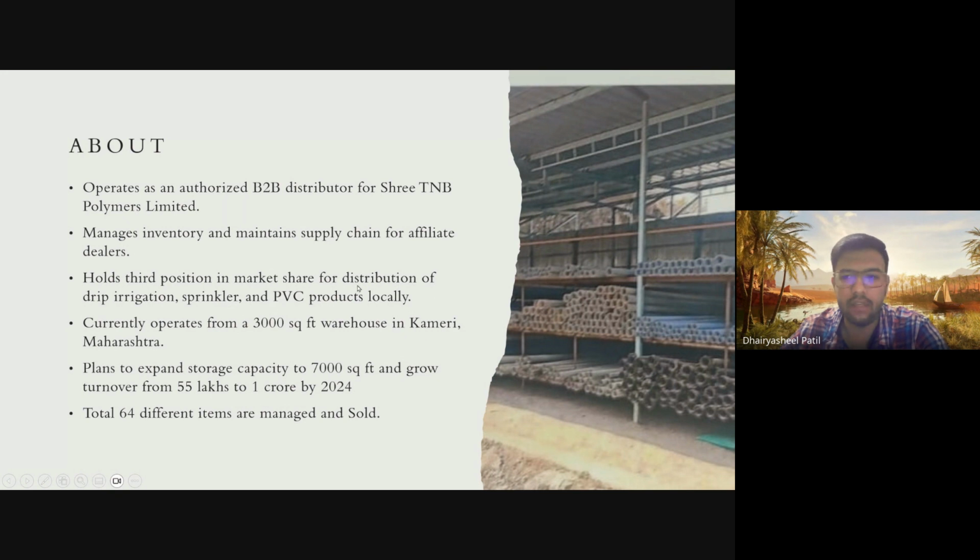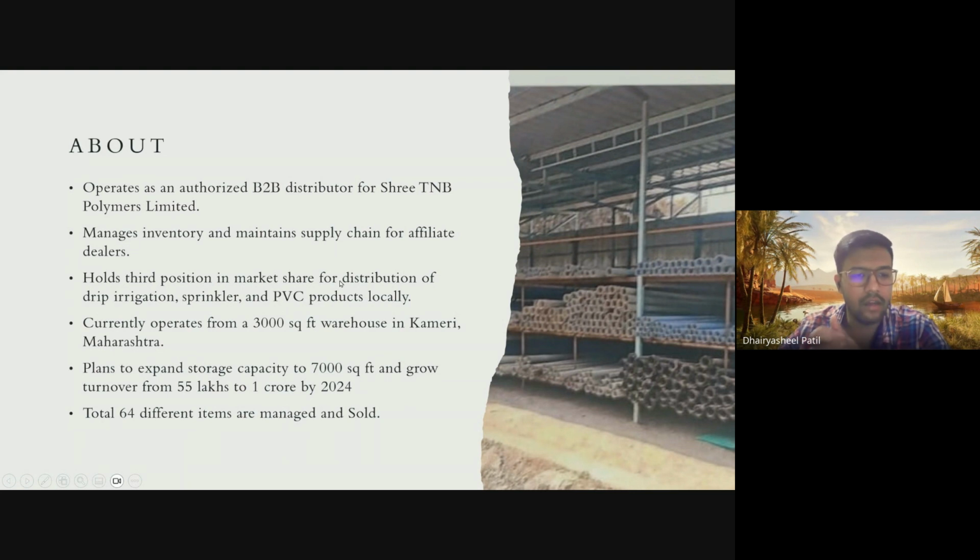These products are very important to the local economy. Currently, they operate a 3,000 square feet warehouse in the town, and they are expecting to expand to a bigger plot of 7,000 square feet, and to grow their turnover from 55 lakhs to a crore.